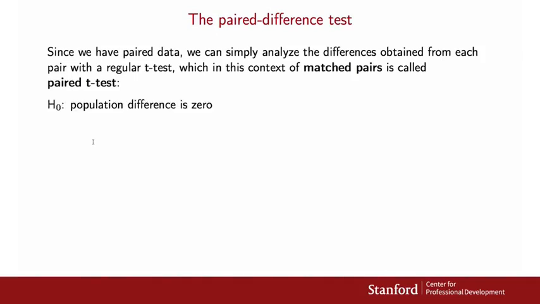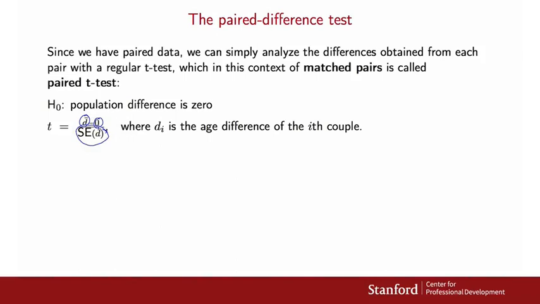So again, let's start out with specifying our null hypothesis, which would be that the difference in population means is 0. Then the t-test would look at the average of the differences, subtract off the expected value, which is 0 under the null hypothesis, and divide by the standard error of the average.